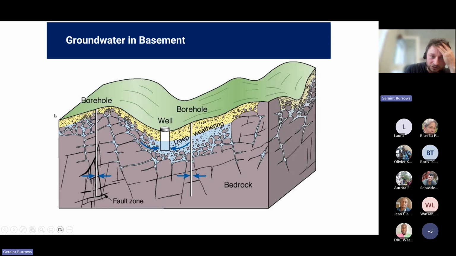So if you were going to be doing a profile across here, then what you would find is that you would have higher resistivity measurements, because remember you're taking an average depending on your electrode spacing.